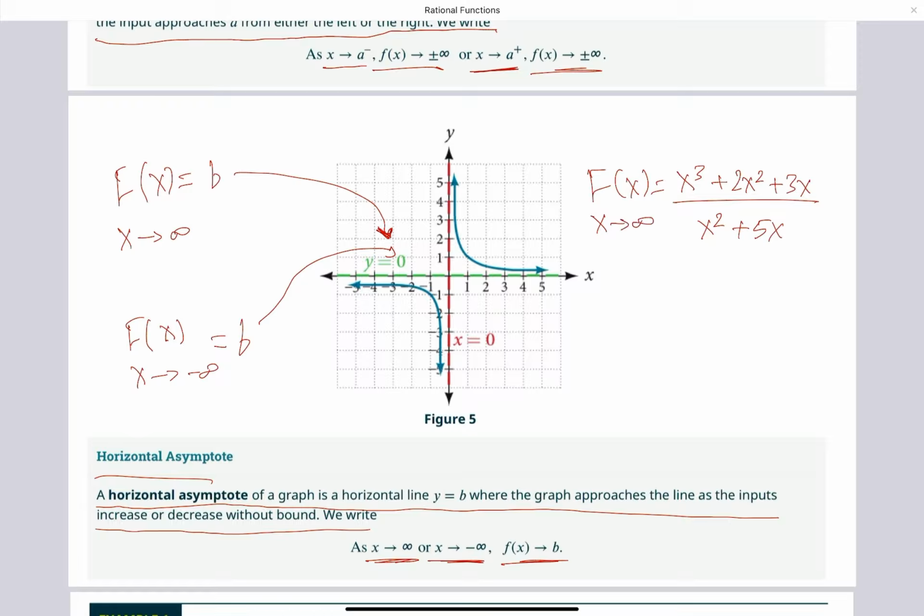Now if you've watched the power functions video and I asked you to find, let's say, the output as x approaches infinity for only the green shaded polynomial, which is this one, you would simply take the leading term, which is x cubed, you would plug in infinity, you would get infinity cubed, you would simply get infinity, right?